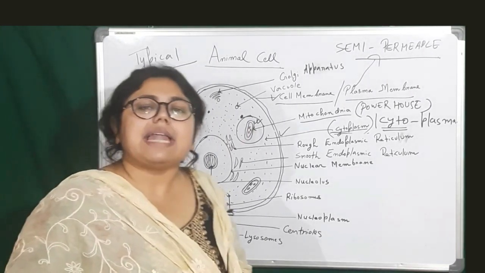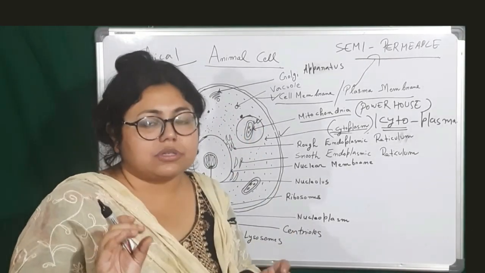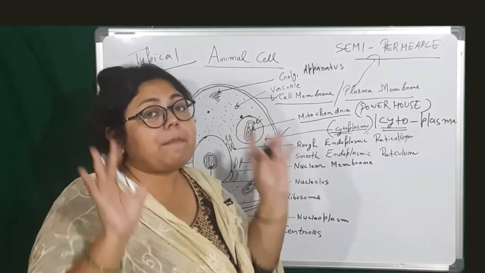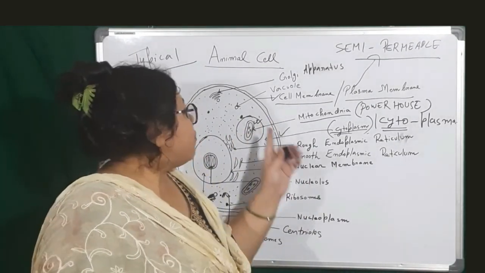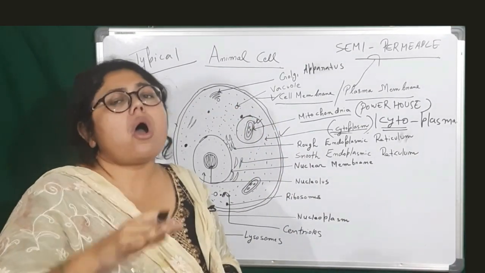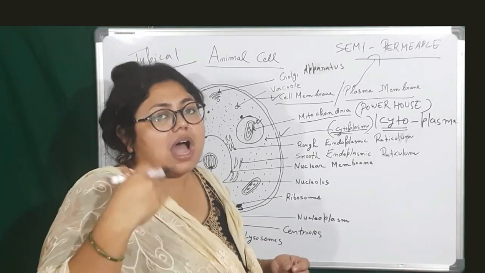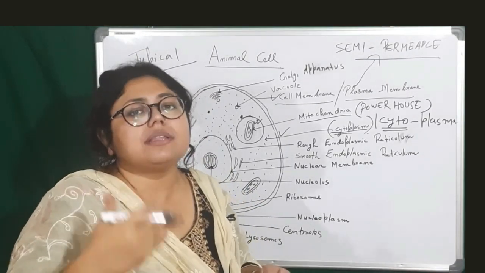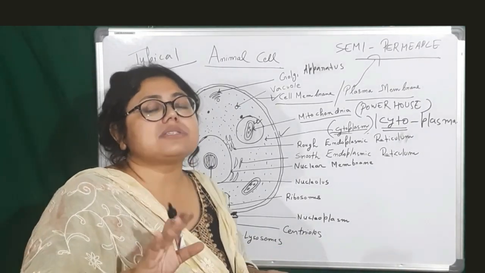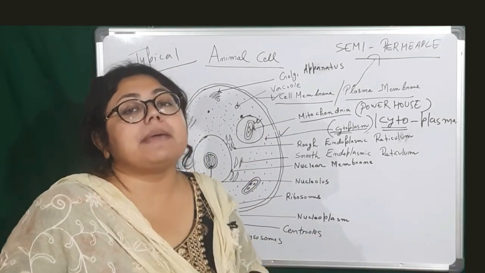Now in the case of an animal cell, these are called vacuoles. The main function of vacuoles is to provide support to the cell, right? Vacuoles in an animal cell are very small, or sometimes negligible or not there. They are produced according to the need of the cell, but in a plant cell vacuoles play the main part.